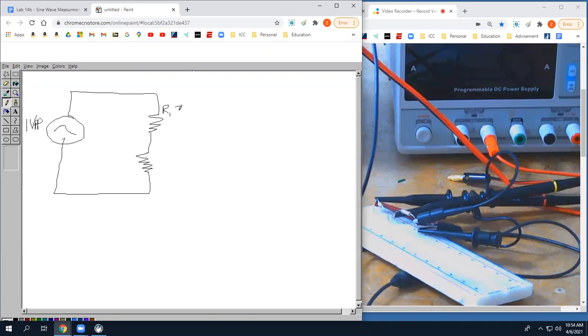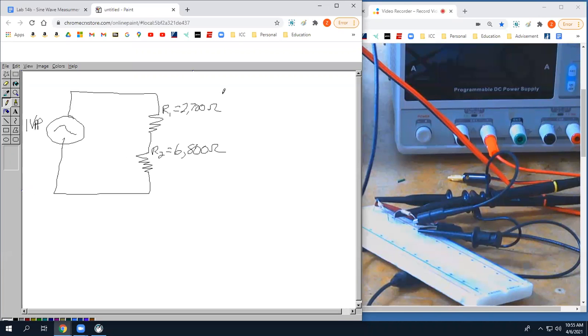R1, 2,700 ohms. R2, 6,800 ohms. We're trying to find the voltage across R1 and the voltage across R2.